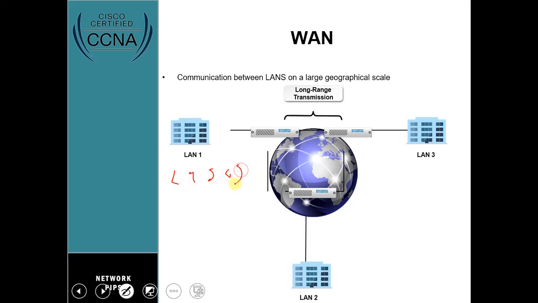This might be Lagos, this might be Enugu, for example, this might be ABJ. They have a need for these different branches in these different cities to be communicating with each other. This kind of network is what they call WAN, wide area network. This can also range as far as different countries.